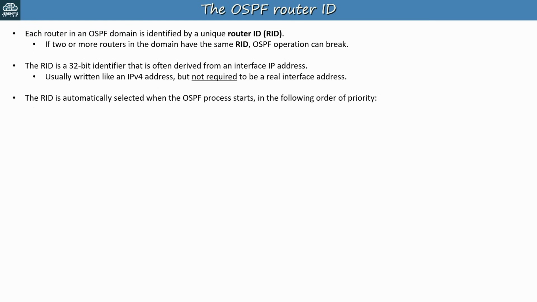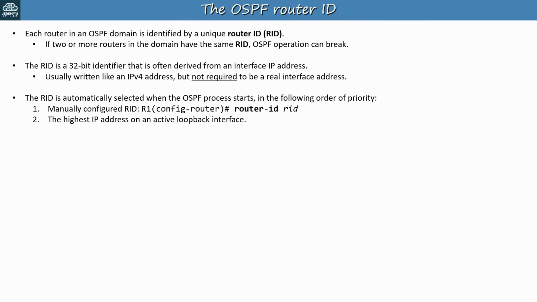The RID is automatically selected when the OSPF process starts, in the following order of priority. You should already know this. First, manual configuration with the router-id command takes precedence. If not manually configured, the highest IP address on an active loopback interface is selected as the RID. By active, I mean it has to be up. A disabled interface's IP won't be used.